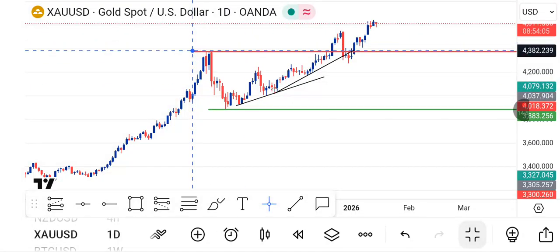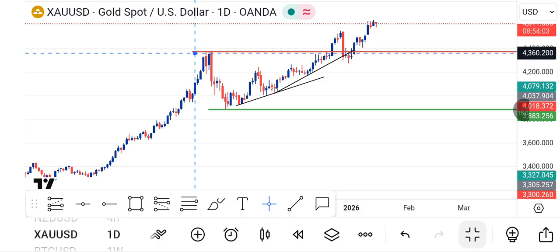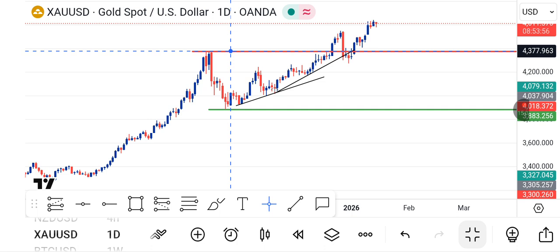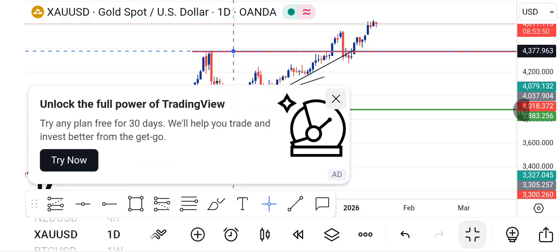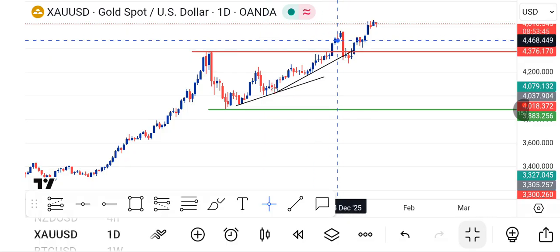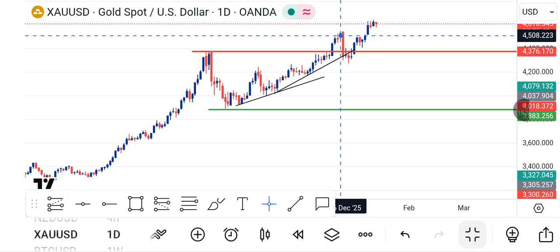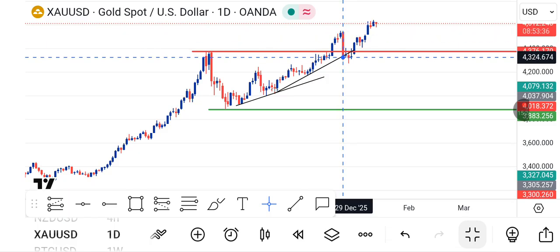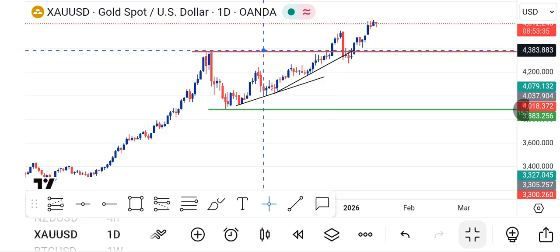This is a major resistance. When the market breaks a particular resistance, or a major key area, it will most of the time come back to retest it. You see, it came back here to retest this previous resistance.